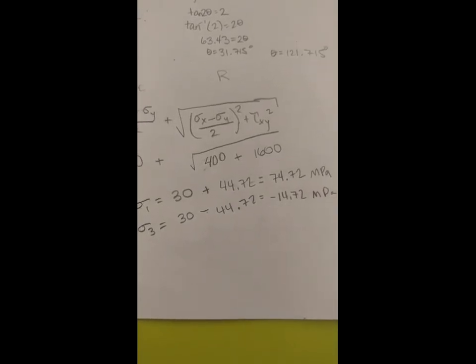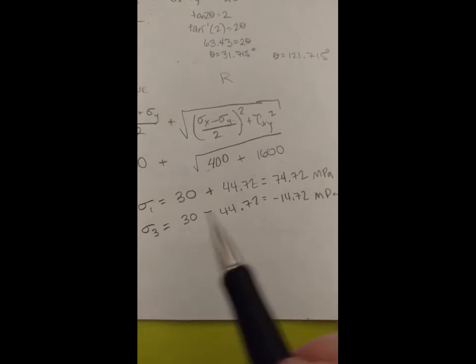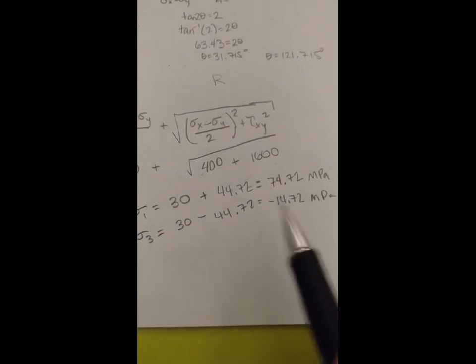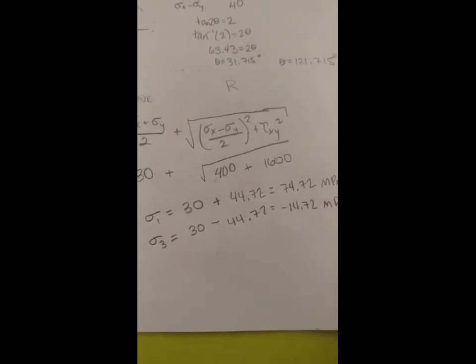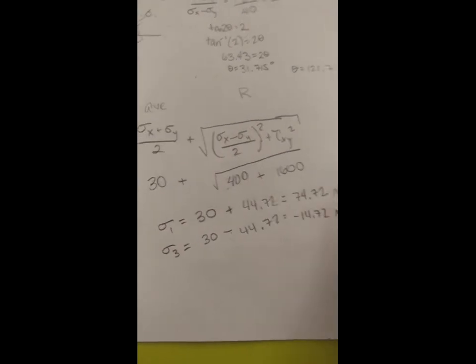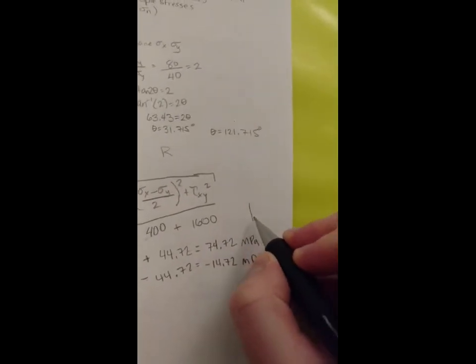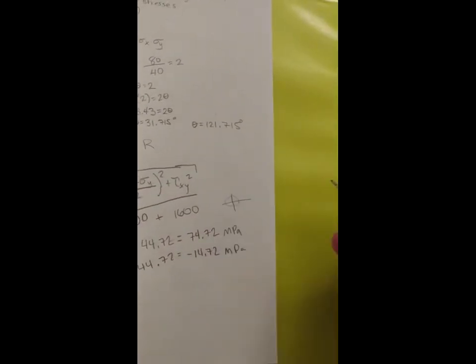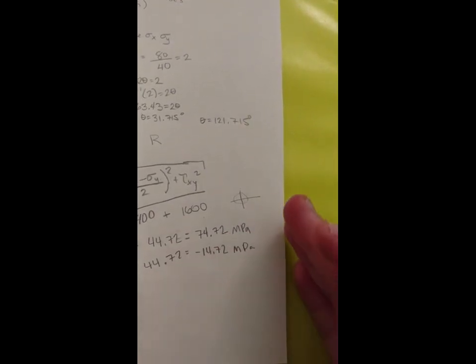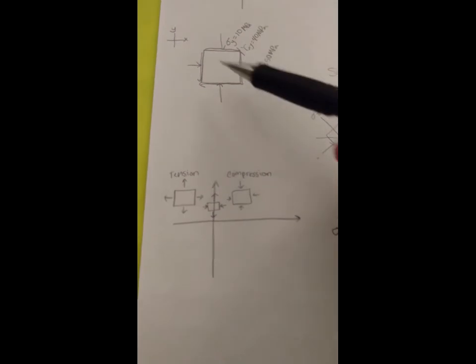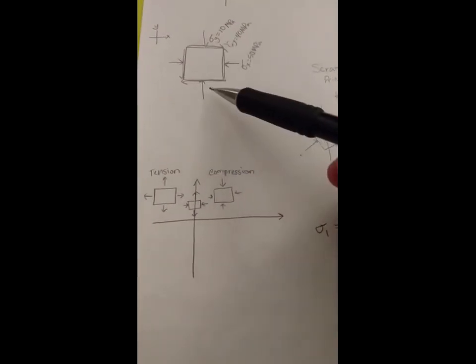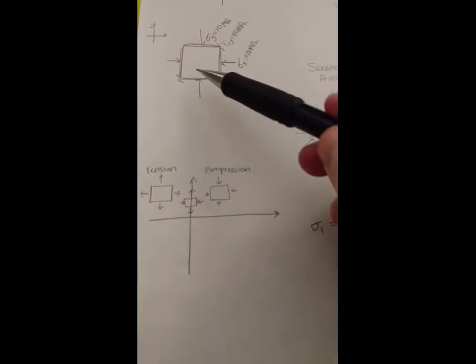And here's an important point. Sigma 3 is negative, and sigma 1 is positive. And so that means when we go to plot this on a Mohr diagram, or as a Mohr circle, we should expect it to plot partly in tension and partly in compression. Now, if you remember over here when I drew this, you might have thought, hey, all these arrows go in, so we're always going to be in compression.